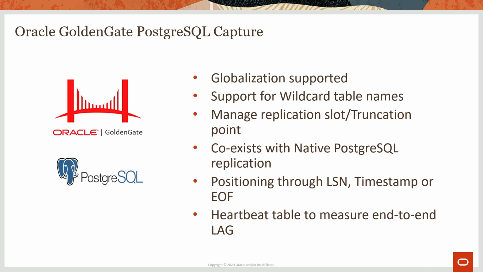And then you can take care of all of the positioning through LSN, timestamps, or EOFs, just all the typical GoldenGate things. This actually winds up being quite useful if you're replicating downstream into messaging-based systems such as Apache Kafka or even Java Messaging Service, recording of those positioning information.